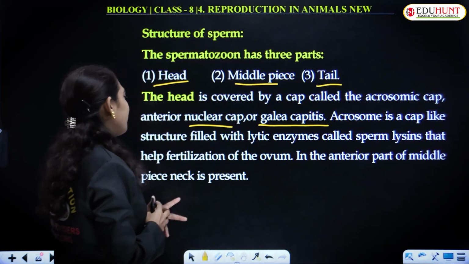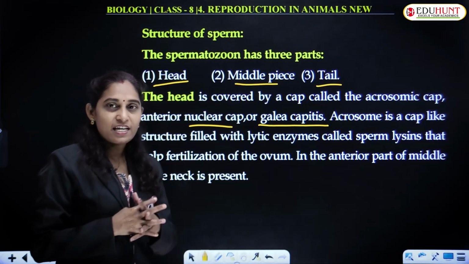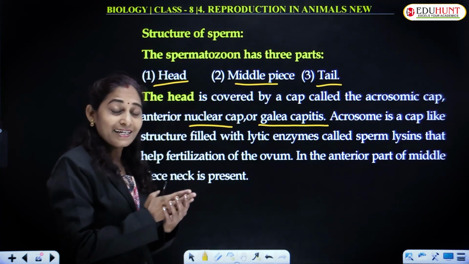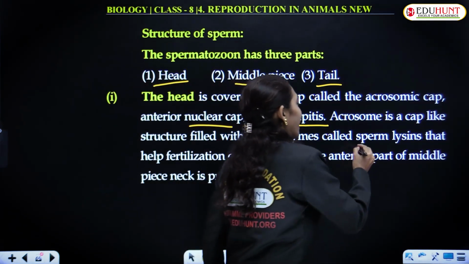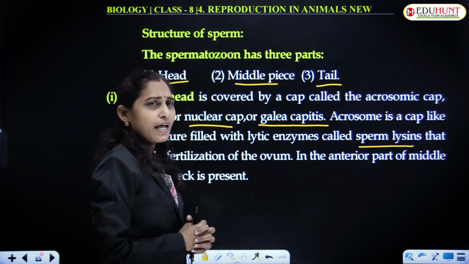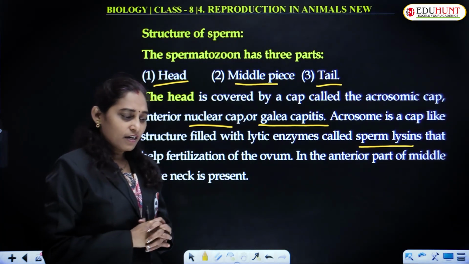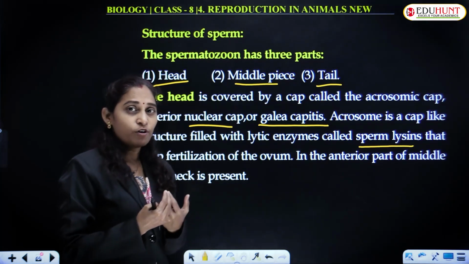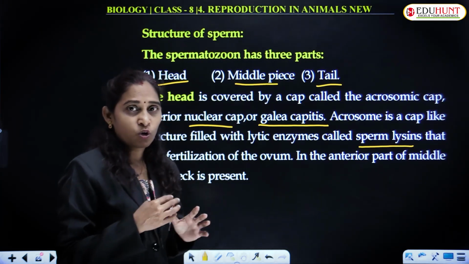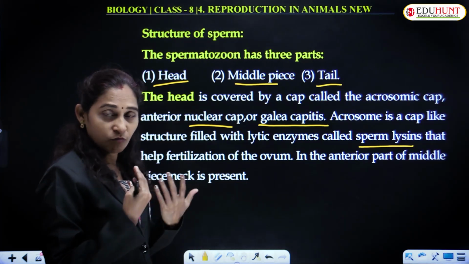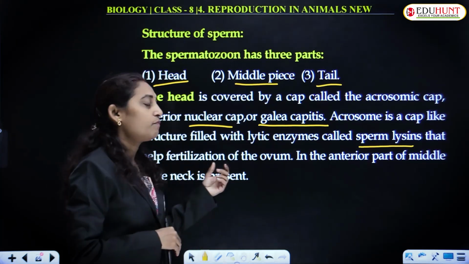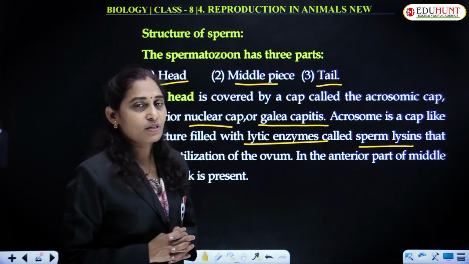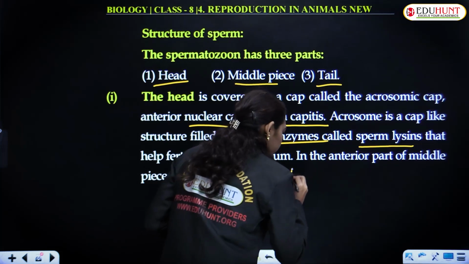The acrosome is a cap-like structure filled with lytic enzymes called sperm lysins that help in fertilization. They are responsible for breakdown of the wall of the ovum. Lysis means breakdown.